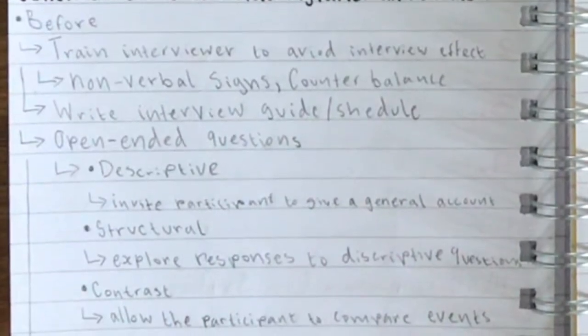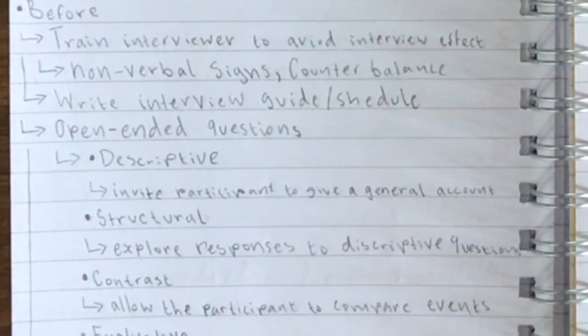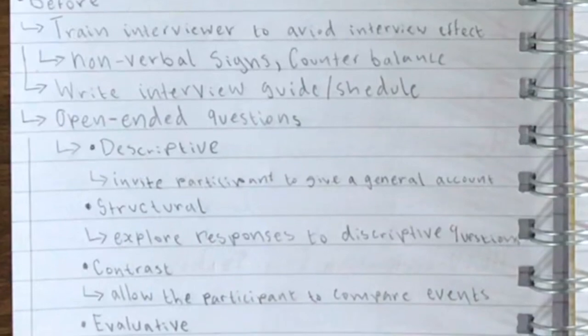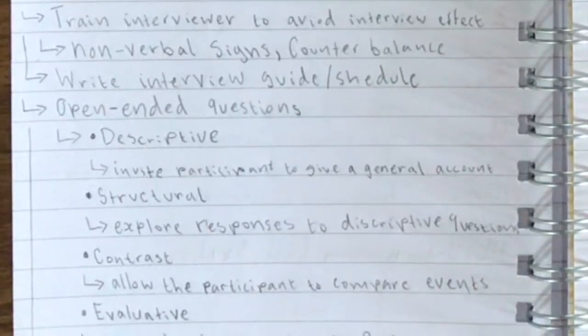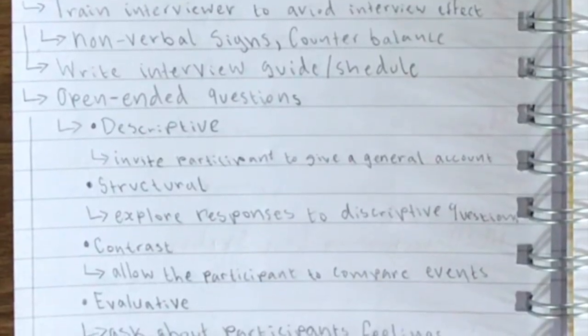Another way to solve interviewer effect is to counterbalance by having interviewers varying in age, gender, communication style, and so on and so forth, so that you have at least some responses that will not be affected.